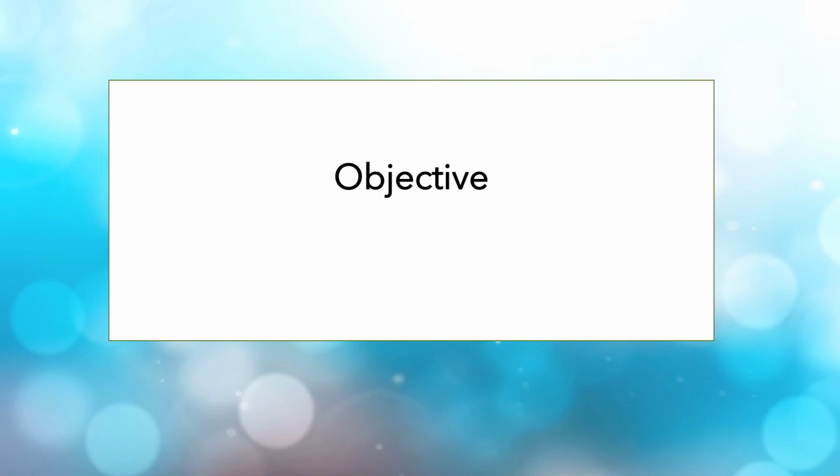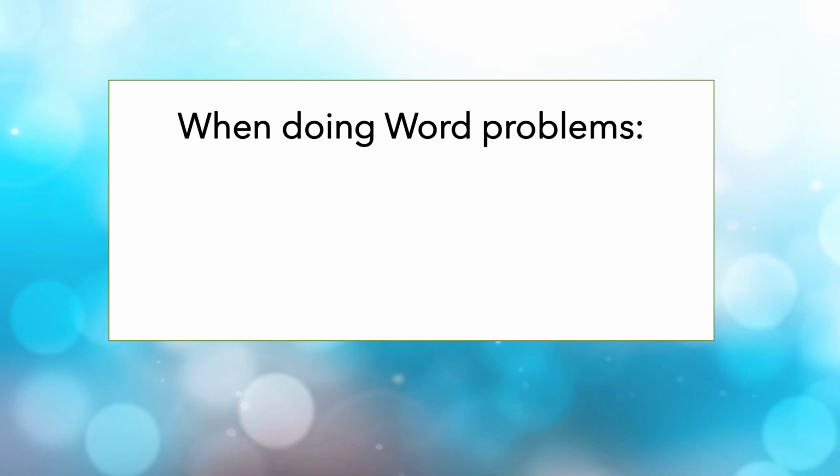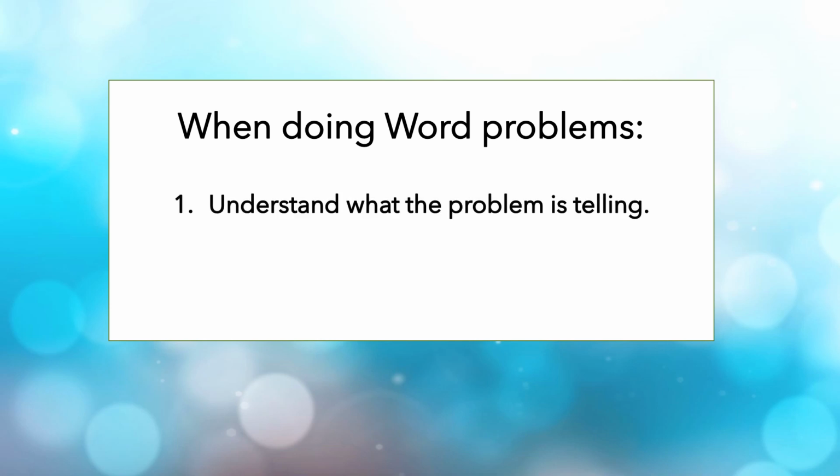Our objective today is that we will be able to understand word problems and identify the steps to solve them. So what does this objective mean? When doing word problems, first we have to understand what the problem is telling. How will we understand?